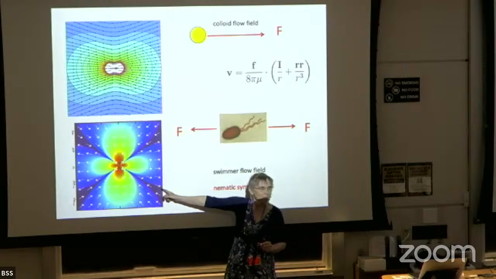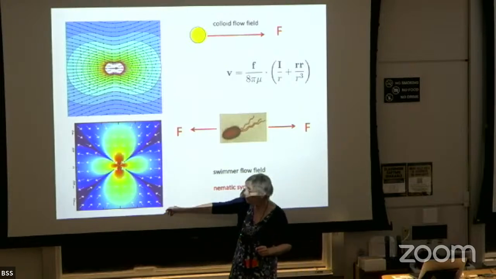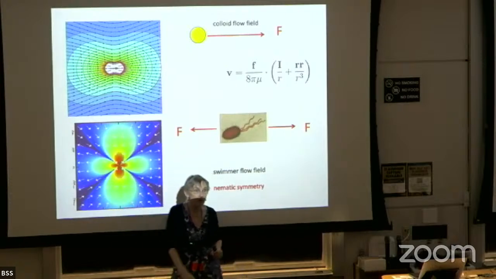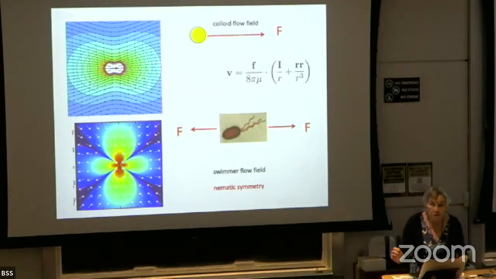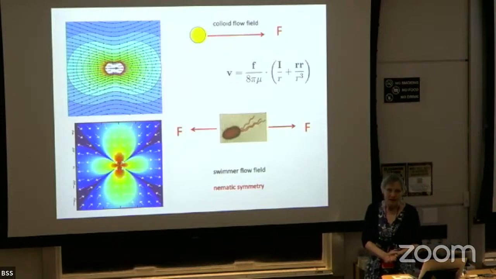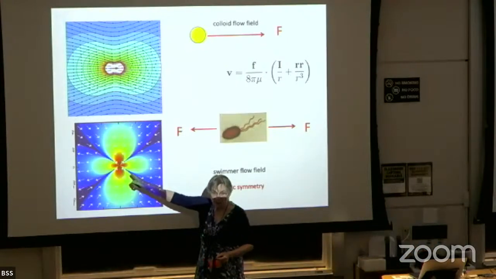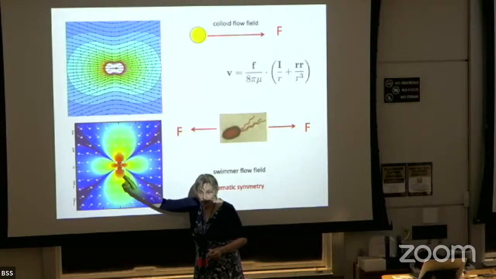Dipolar or nematic, yes, right? It's got a special direction, but it's the same forwards and backwards. Remember that I'm talking about the far flow field here, what happens a long way away from the swimmer. Whether this thing actually swims or not depends on what's happening around here, the near flow field.